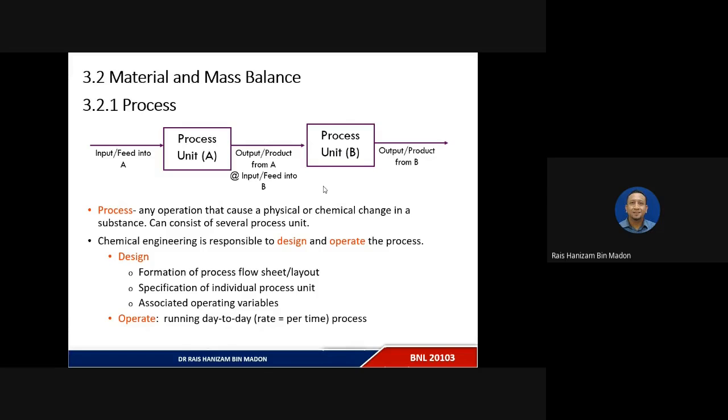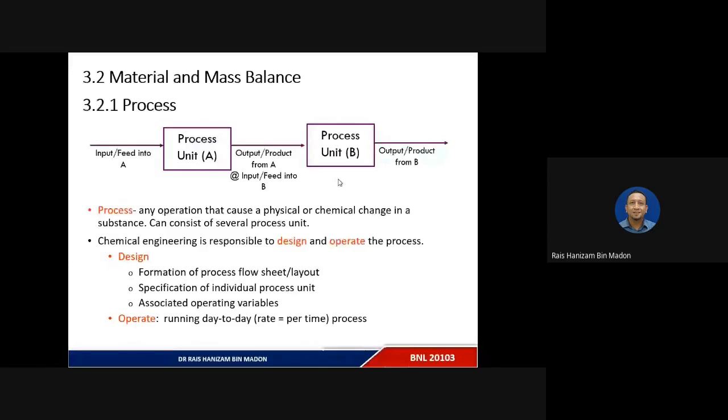I think everybody has a few questions. What is material and what is mass? Why can it not be merged into one? Why is it taught separately? So, material and mass balance.